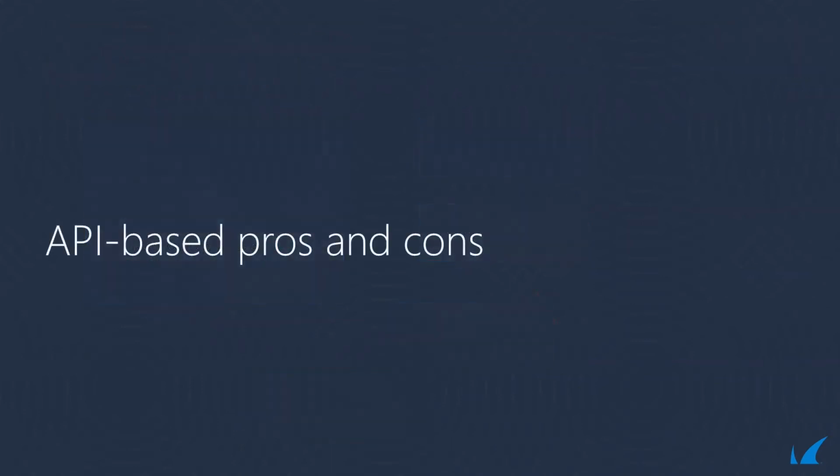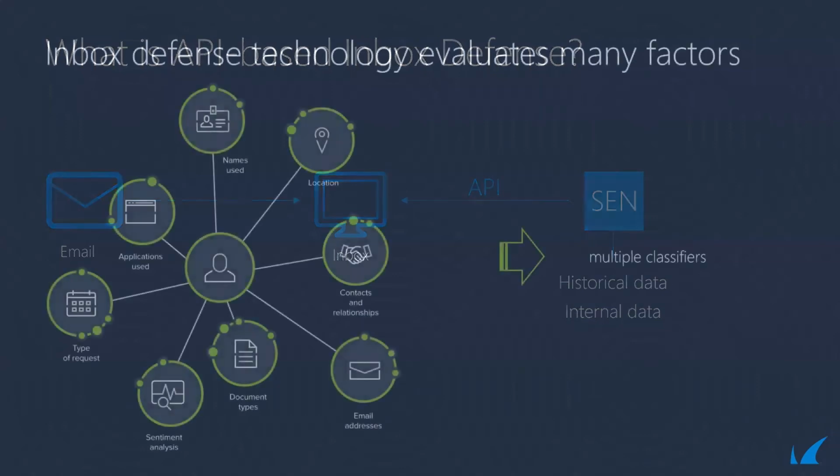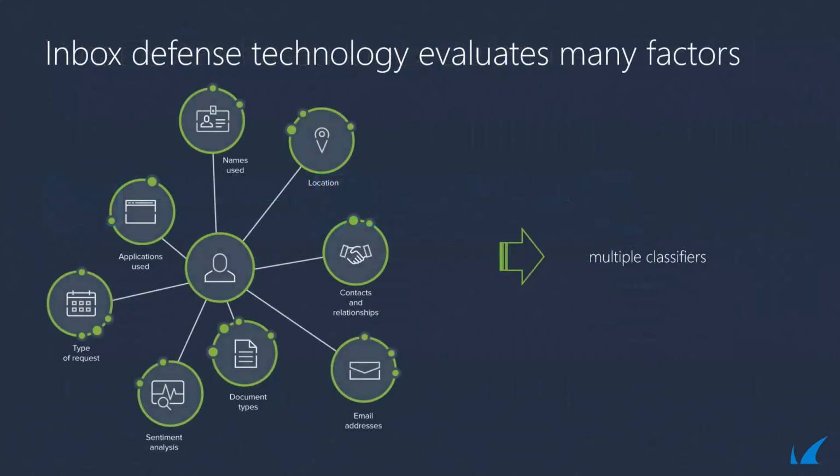Now let's look at the API-based pros and cons. So API is able to look at the historical data and internal data from an environment to understand the user's activity. Using machine learning algorithms to evaluate multiple factors and attributes to more readily determine threats and attacks.